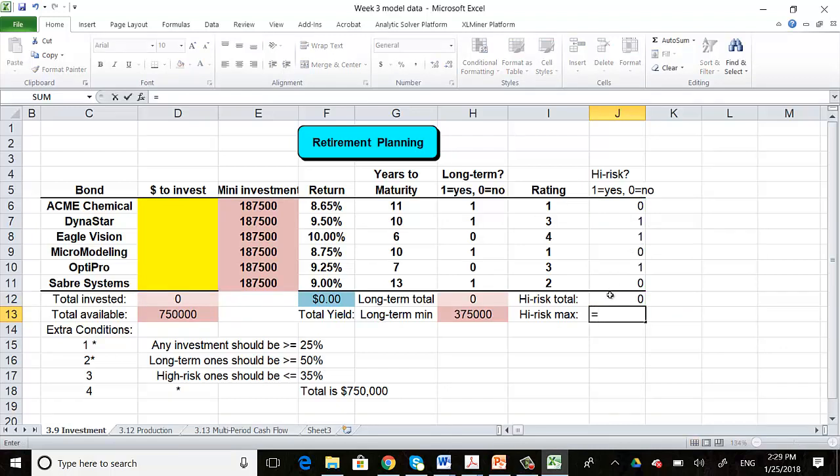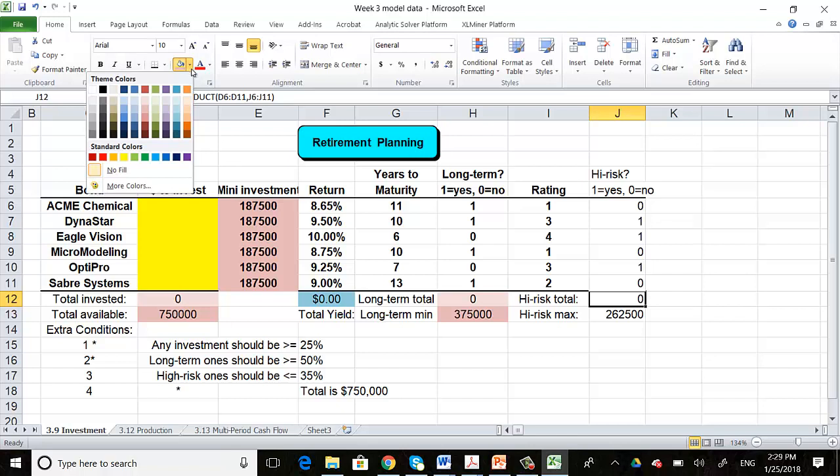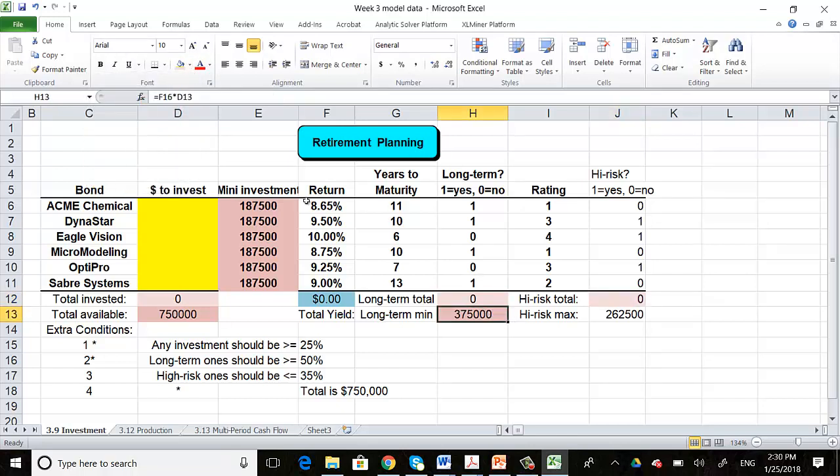And the high risk maximum is the total multiplied by 35%. Okay, shade this. Question? Could you go back to the long-term minimum? Long-term minimum is the product of 750,000, the total, this one, and the 50%. Okay.